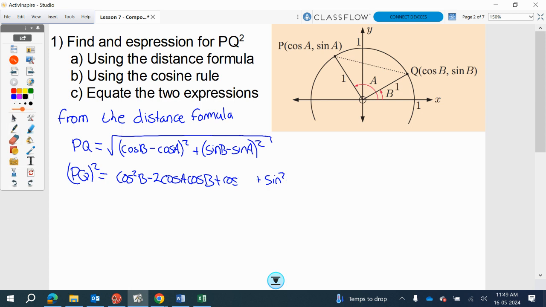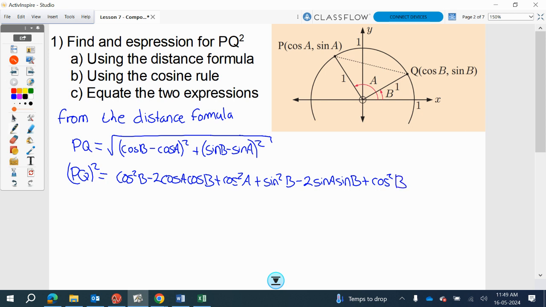Here we go. Start back, here we go, sorry. Cosine squared of A plus the sine squared of B minus 2 sine A sine B plus the cosine squared of B. Now I want to look for some simplifications.